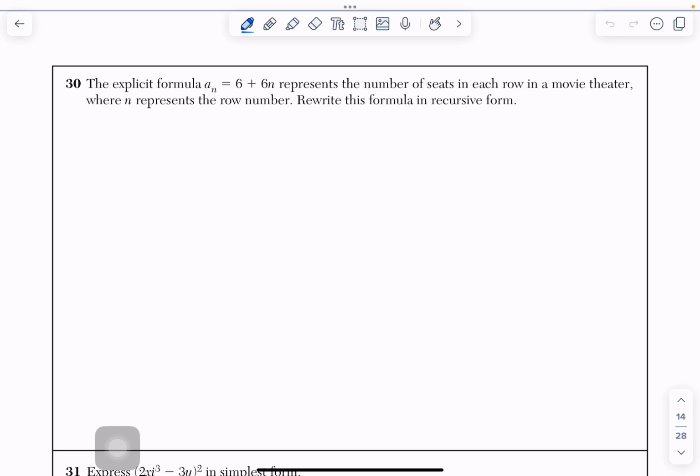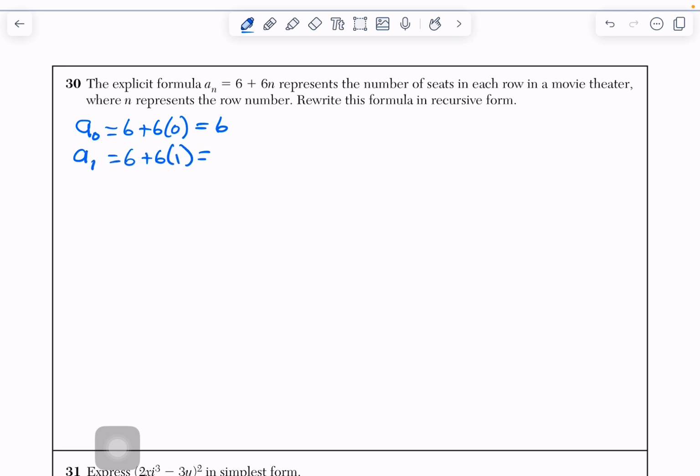So the explicit formula means we can just plug a number in for n and get the output. In this one, A0 is equal to 6 plus 6 times 0, which is 6, right? A1 is 6 plus 6 times 1, which is equal to 12.